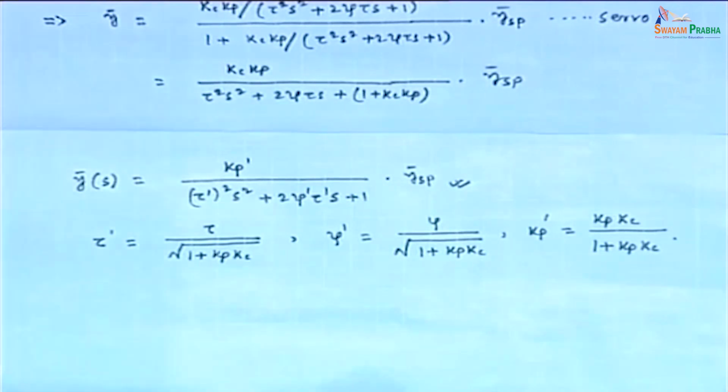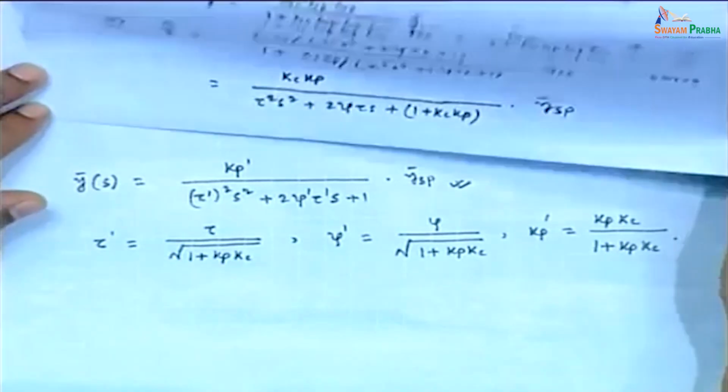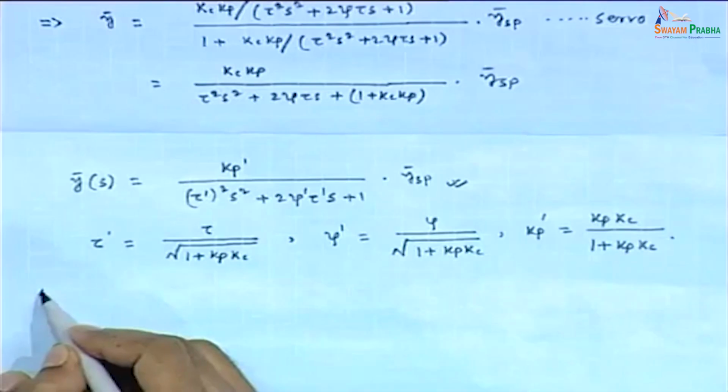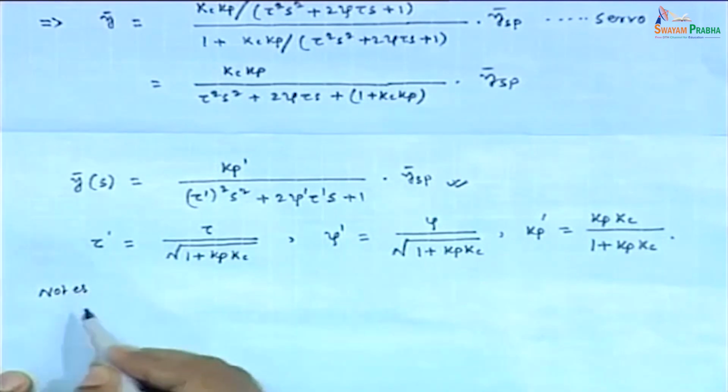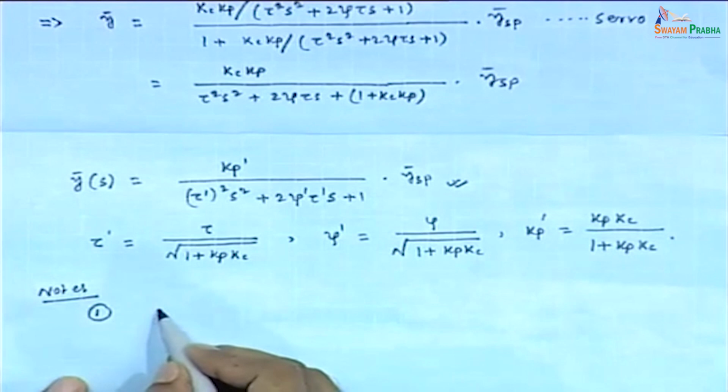Now we will conclude. Due to the inclusion of the proportional controller with the second order process, the order remains the same. We will note down a few points. First, due to the inclusion of proportional controller, there is no change of order of the overall system.